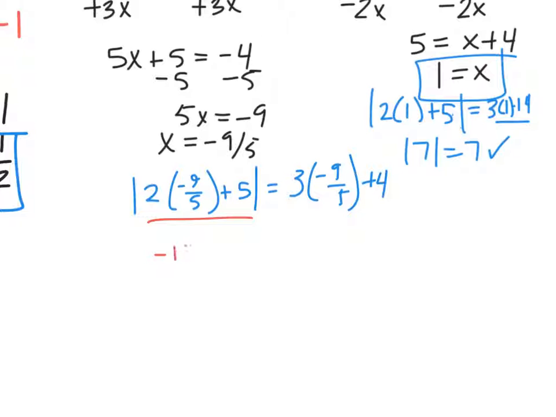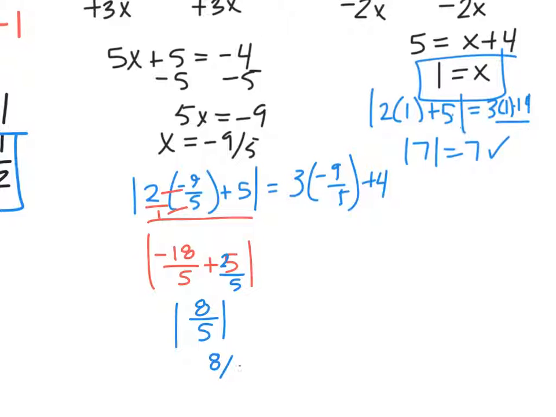So this will be negative 18/5 plus 5. See what I did is I multiplied 2 times negative 9 and 1 times 5. And then I'm going to get a common denominator, so this is going to be 25/5. So this will be the absolute value of 25 minus 18, which is 8/5. So the left-hand side will be 8/5.